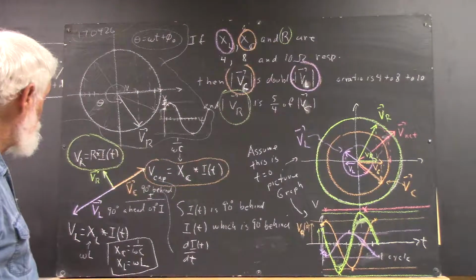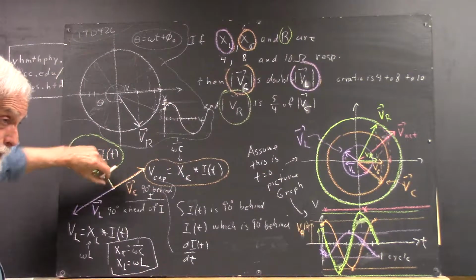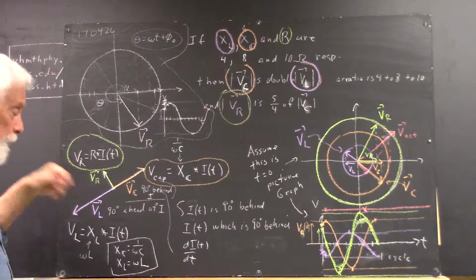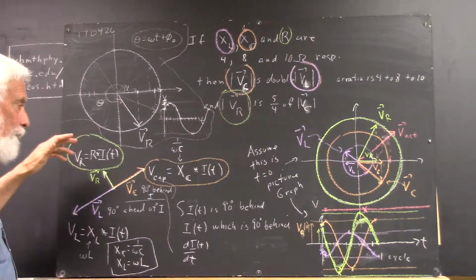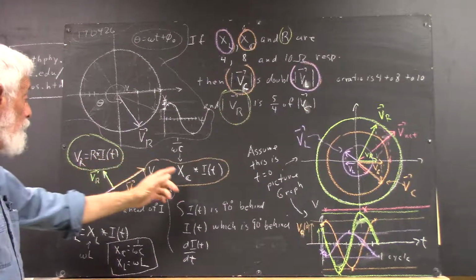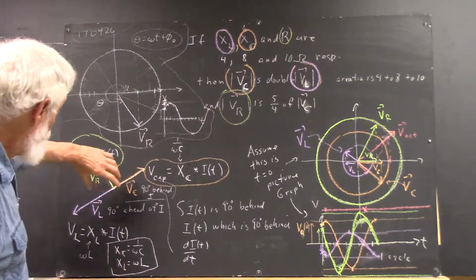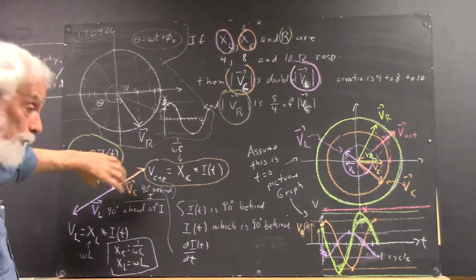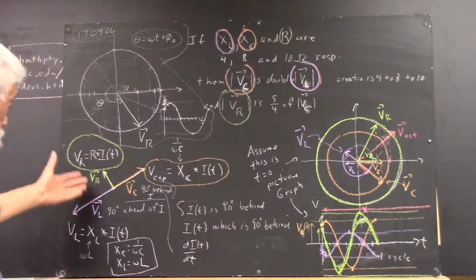And then once you've chosen that direction, you put your VL 90 degrees ahead, your VC 90 degrees behind, and you put the lengths of these vectors in proportion to their given R, X sub C, and X sub L. That's all there is to it. And then you imagine what happens if this thing rotates around the unit circle. And that's what we've done over here, and that's what we're going to talk about.